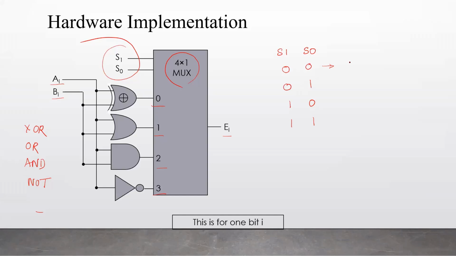XOR gate, ma'am. That is 0. Correct. The input gets selected as 0, so that is the operation performed as XOR.